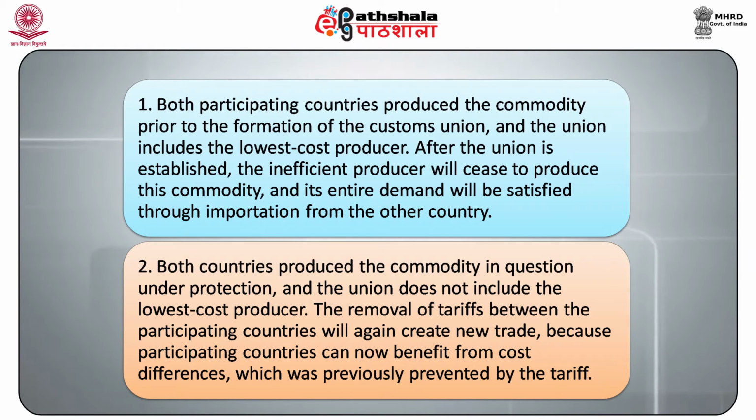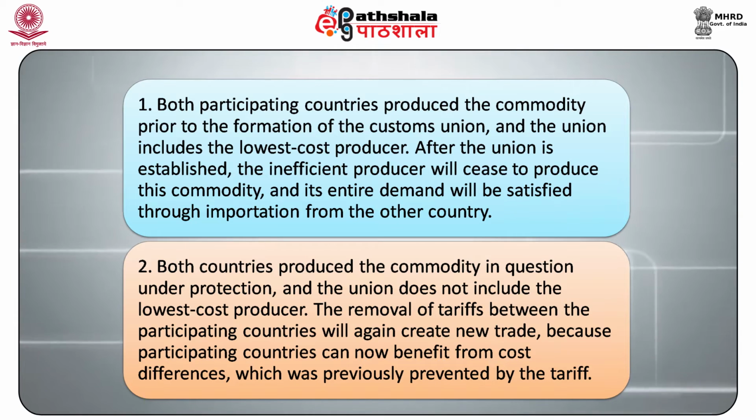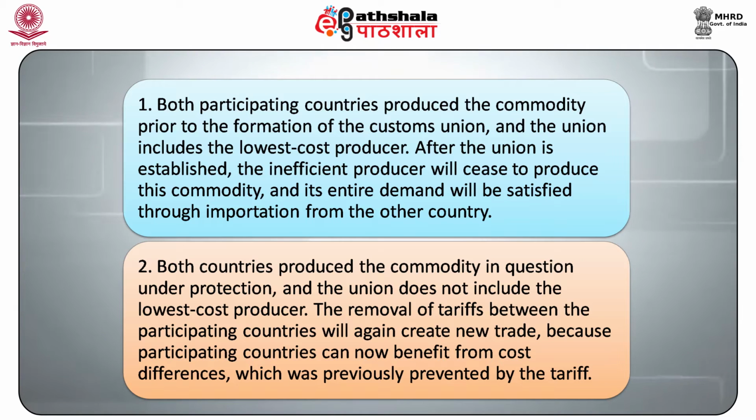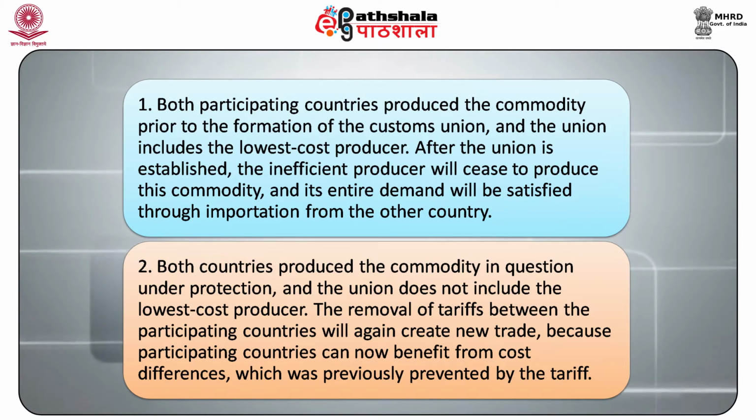First, both the participating countries produce the commodity prior to the formation of the customs union, and the union includes the lowest cost producer. After the union is established, the inefficient producer will cease to produce this commodity and the entire demand will be satisfied through importation from the partner country. Second, both the countries produce the commodity in question under protection and the union does not include the lowest cost producer.